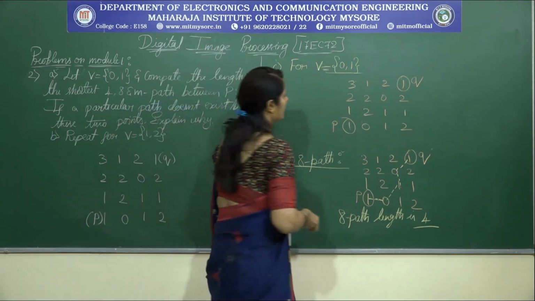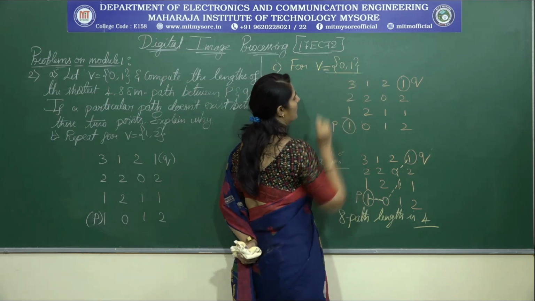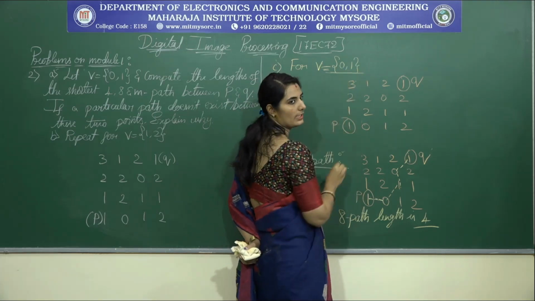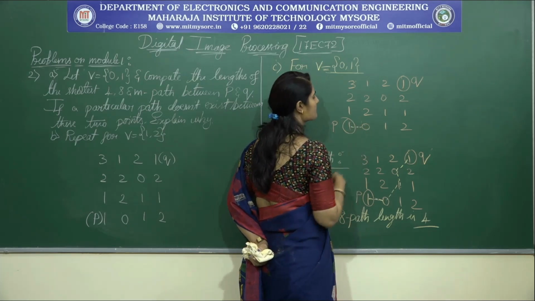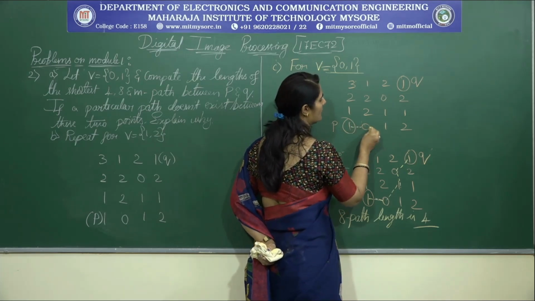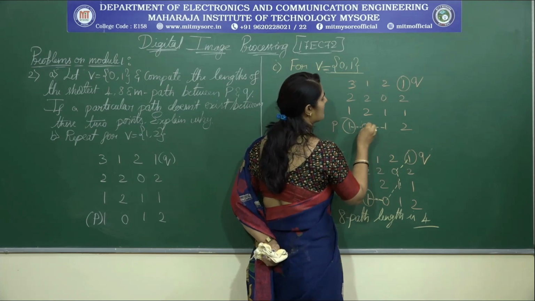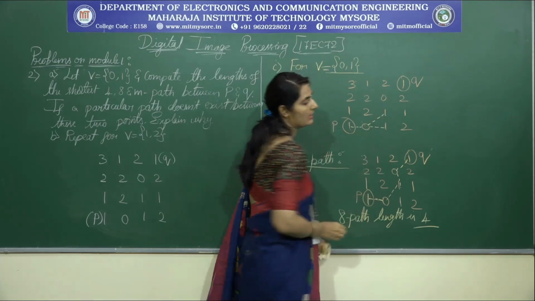So now here 0, 1, I should go in this path only. So 1 to 0 I have a path here. Next, from 0 to 1 I have 2 paths, this way and this way.